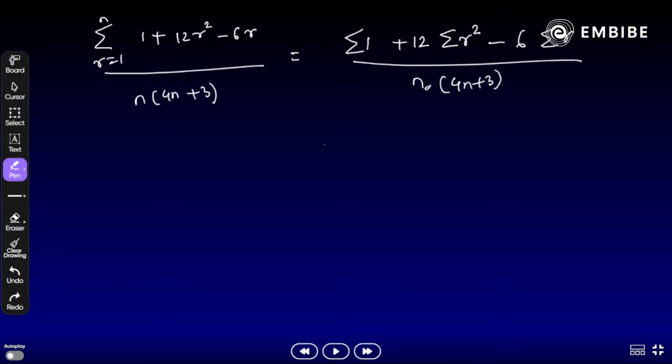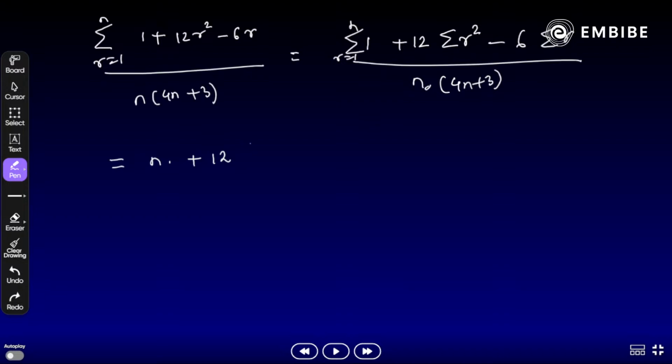All right. Now try to solve here. What do we get here? Summation 1 means r equal to 1 to n, and 1 is constant, so we have to write down the upper limit, that is n. Now plus 12 as it is, summation of r square, sum of squares of natural numbers, n times n plus 1 times 2n plus 1 by 6.